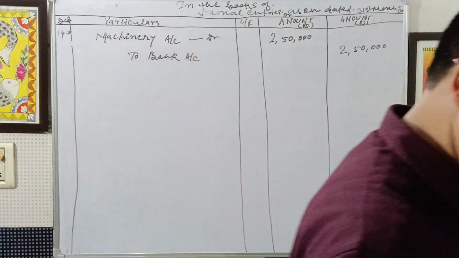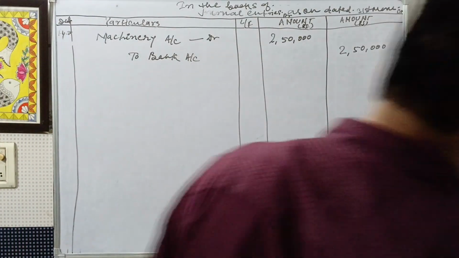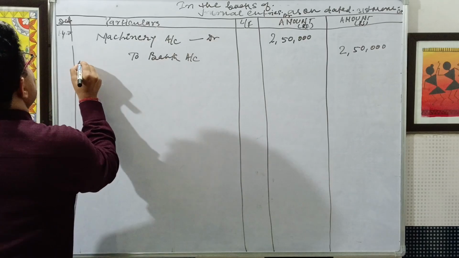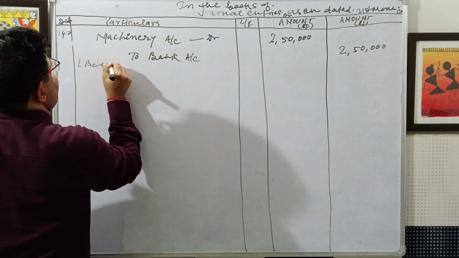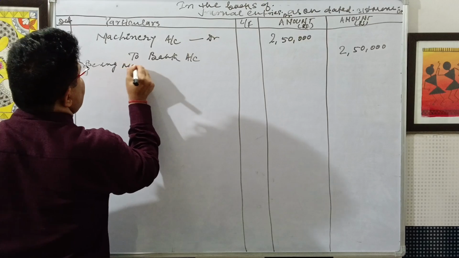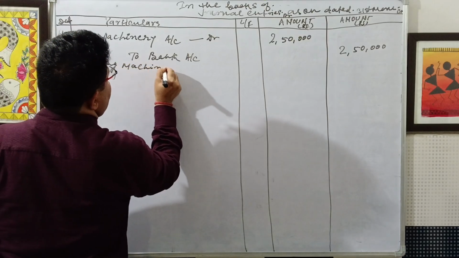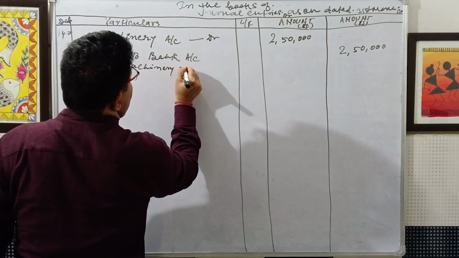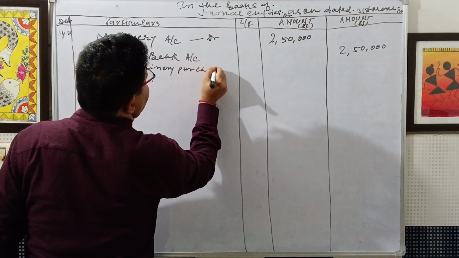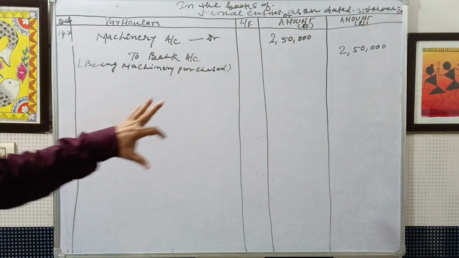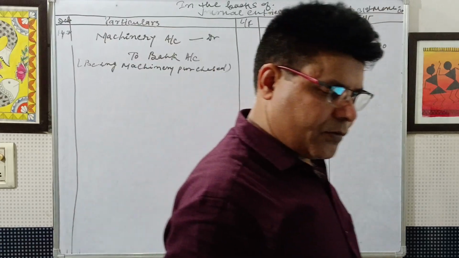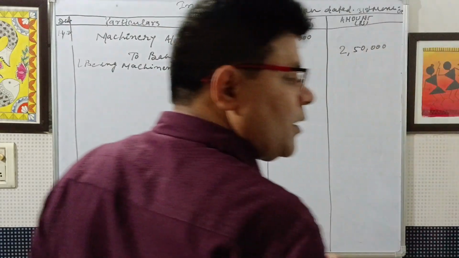Now the narration: being machinery purchased. Machinery account debit to bank account 2,50,000 on the first April.